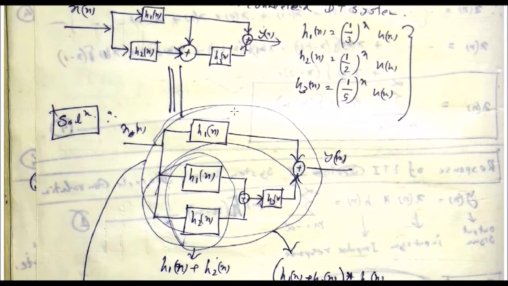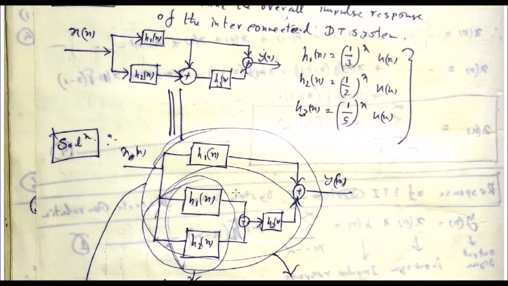Now simplify the interconnection this way. This is the overall input and the overall output. See that the overall input is fed to the h1[n] system and the h2[n] system. The output of the h1[n] system is given to a summing adder, and the output of the h2[n] system is given to that summing adder as well.